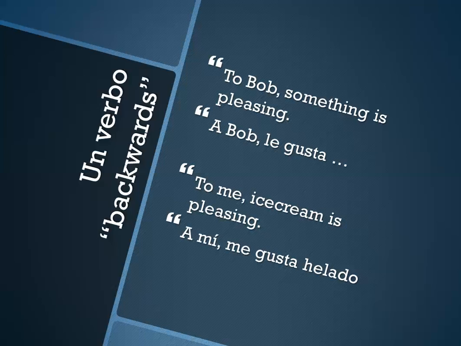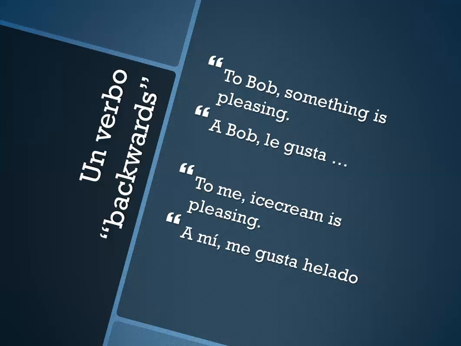So whatever that something is, where those three dots are, whatever that something is pleasing to Bob, as opposed to the other way around. So, a mí me gusta helado, you're saying backwards, you're saying, to me, ice cream is pleasing, instead of, I like ice cream.